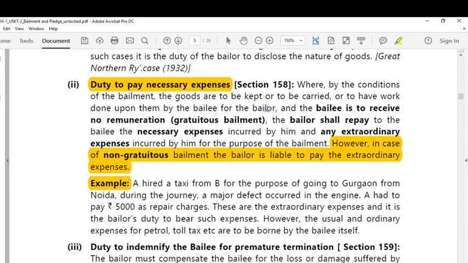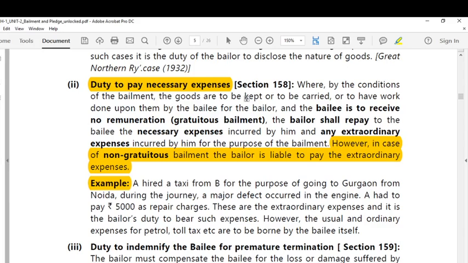If it is a gratuitous bailment and that gratuitous bailment is given for the benefit of the bailor, in such a case he has to pay both the ordinary expenses and extraordinary expenses.